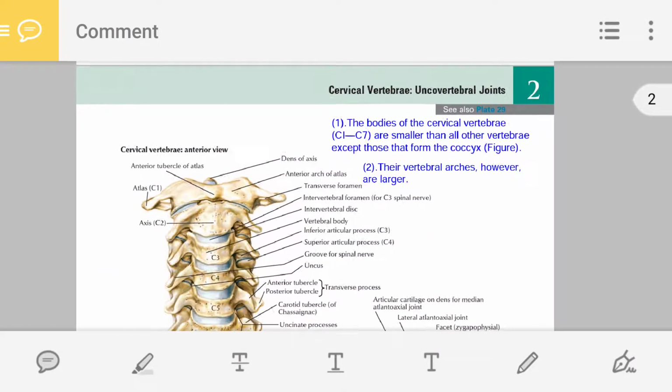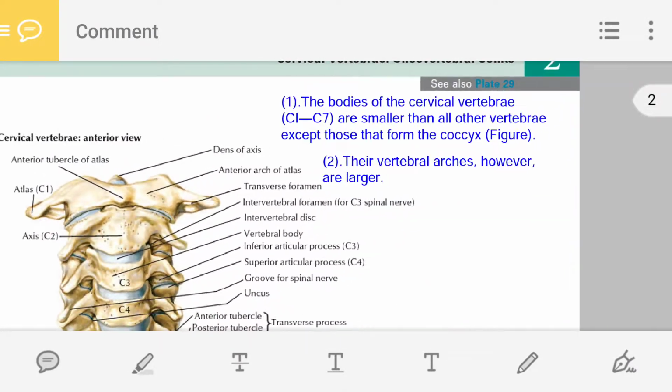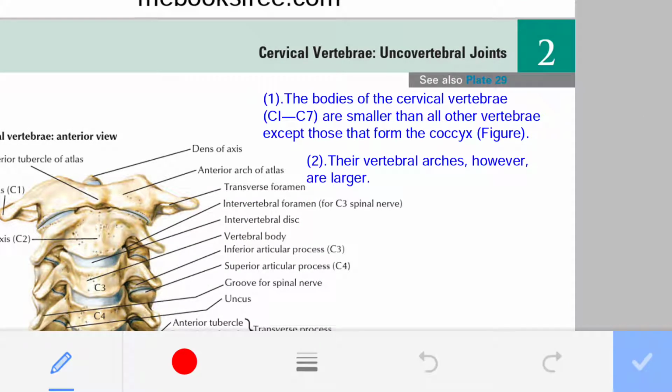This is the first point of our discussion, and the only exception that we need to remember is that the body of a cervical vertebra is larger than the body of the coccyx. So this is the first point of our discussion in this lecture.